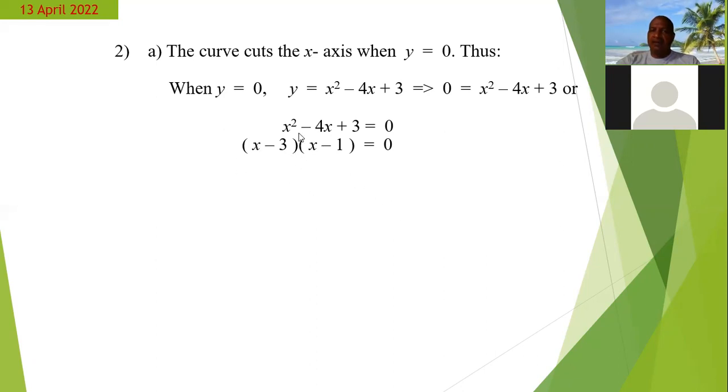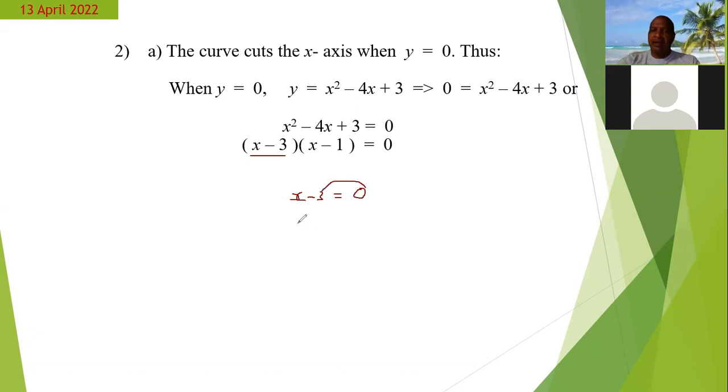Now, how do we solve for x? We solve for x by taking each of these expressions in brackets, equating it to 0, and then solving for x. For the first bracket, you take the expression x minus 3, equate it to 0, and then solve for x.